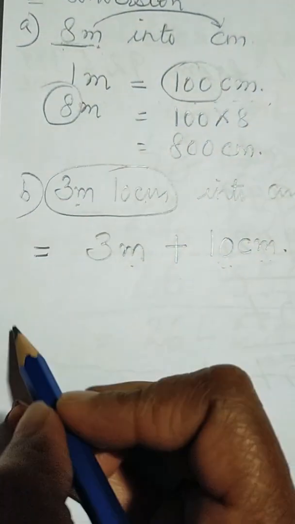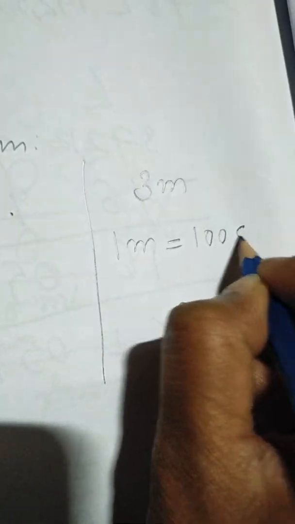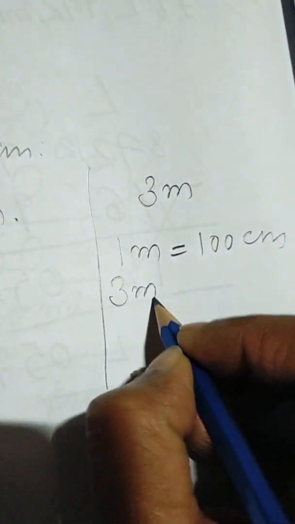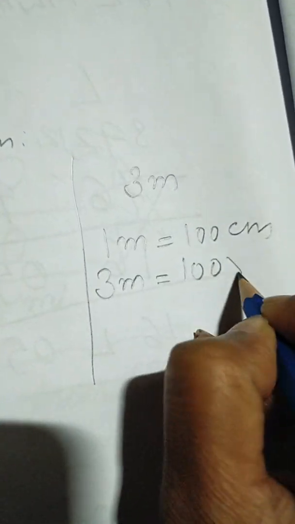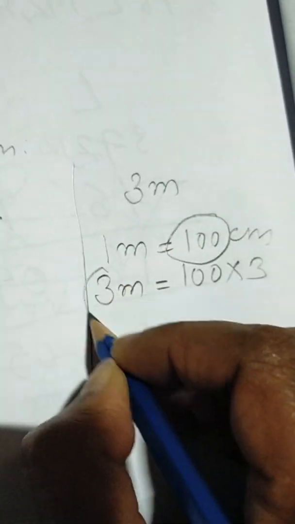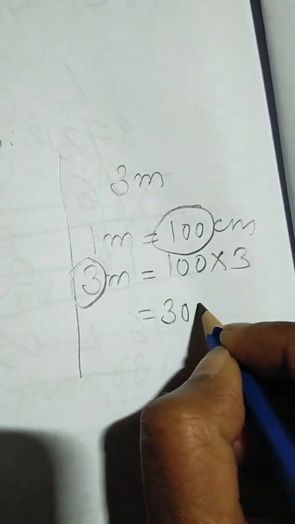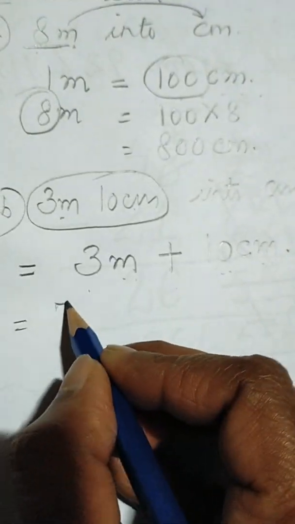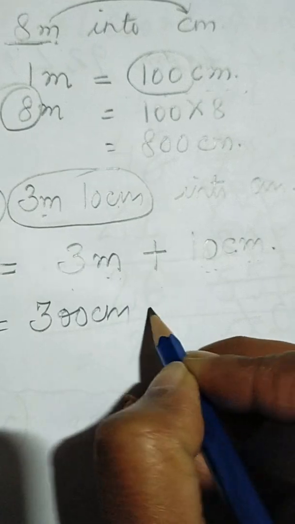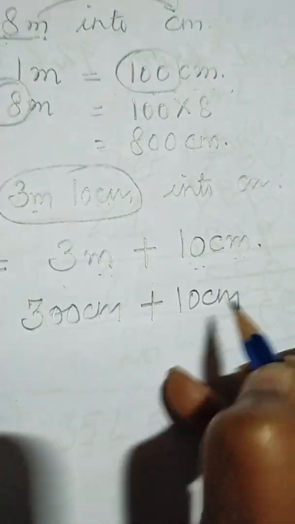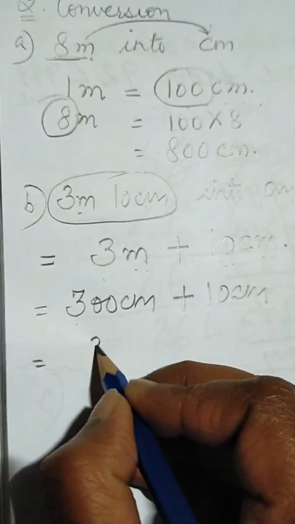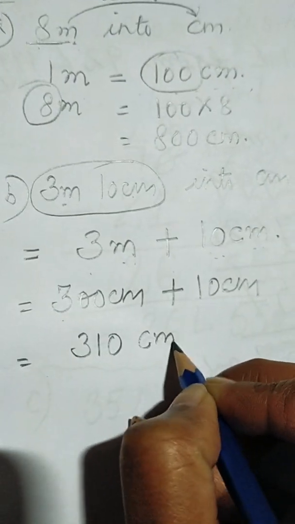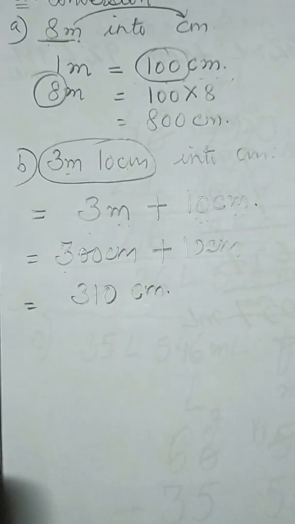So we will convert 3 meter in rough work. 1 meter is equal to 100 centimeter. Then 3 meter is equal to 100 multiplied by 3. We will get 300 centimeter. So here under 3 meter we will write 300 centimeter plus 10 centimeter. Now both will be added. When we add, we will get 310 centimeter.